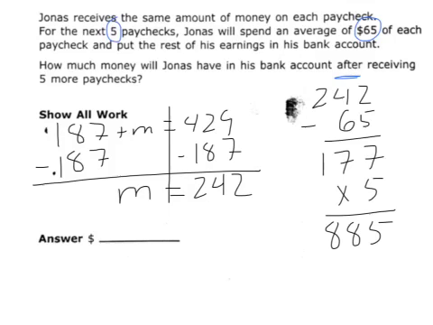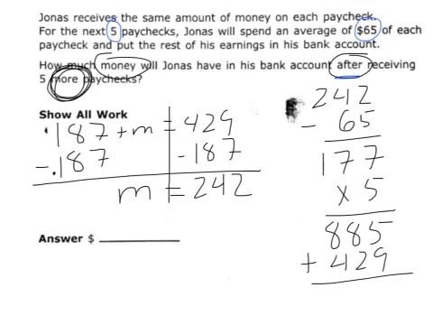Some people would stop there and put 885 for the answer, but it's still not the answer because it says, how much money will he have after receiving 5 more paychecks? So you have to add the $429 that he has in the first part. So we're going to add 429, which comes up with 1,314.